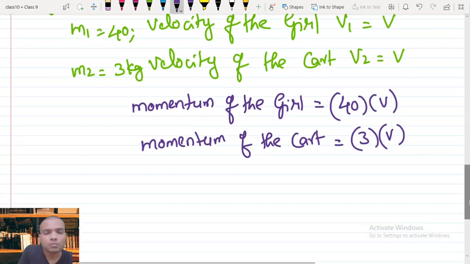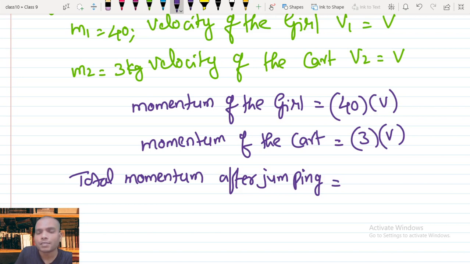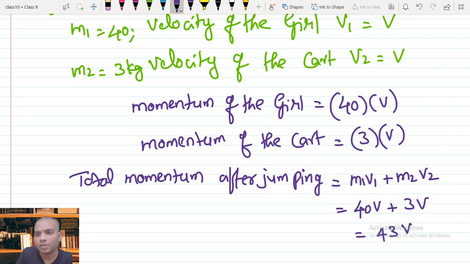Now the total momentum after jumping, we can add these two momentums, which equals m1 v1 plus m2 v2. The sum, 40 times v plus 3 times v, is equal to 43 times v. That is the total momentum after jumping.